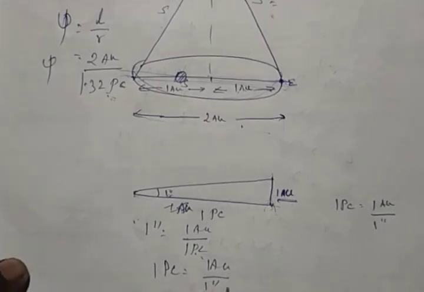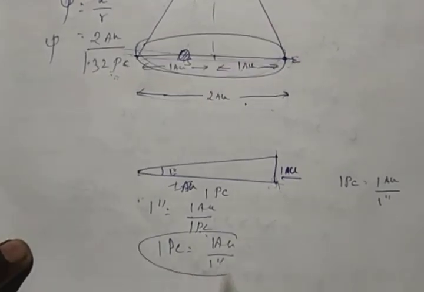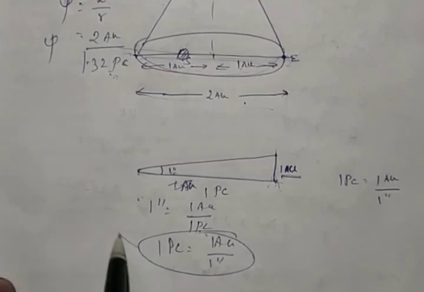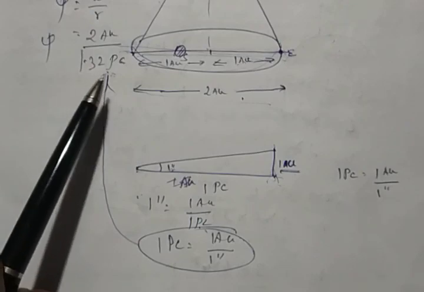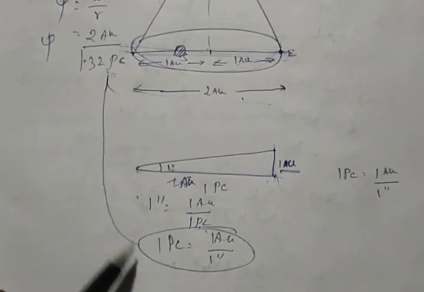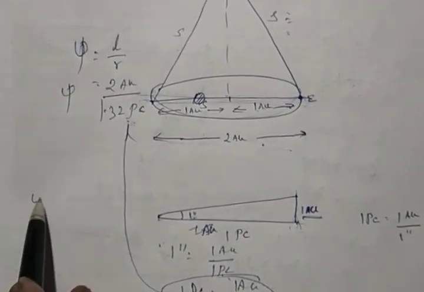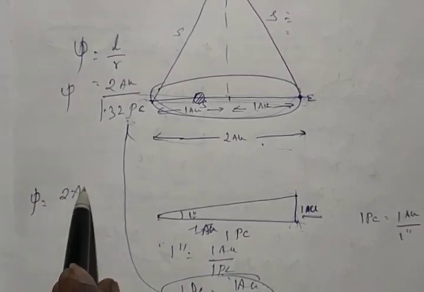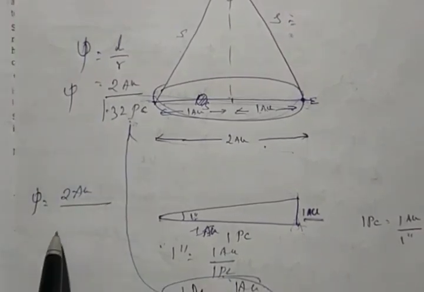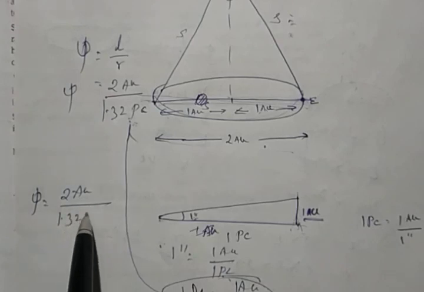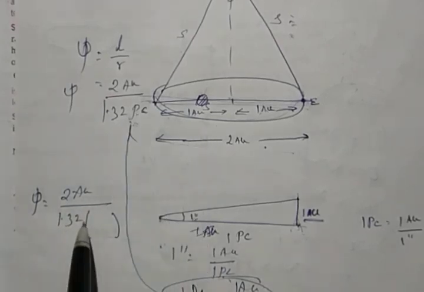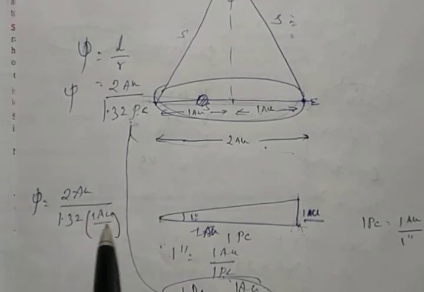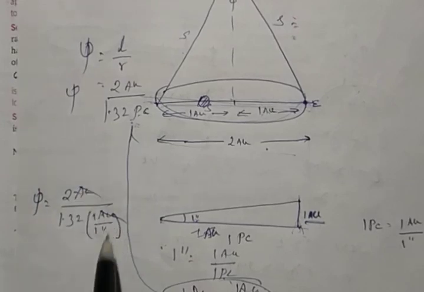So this particular relationship, you can straight away put it here. Take this parsec outside and put this relation there. So we can write phi is equal to 2 AU upon 1.32 into, parsec removed, 1 AU upon 1 second. AU and AU get cancelled out.